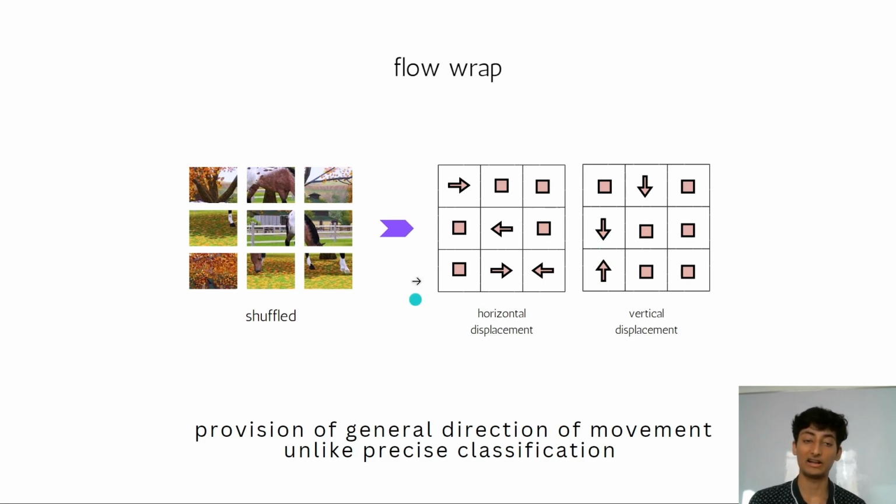So for each shuffled image, you have a flow warp, which is two regressed matrices which denote how far a piece is from its original location. If you have this information along with your convolutional neural network, which extracts features, I think this would be able to solve the puzzle.